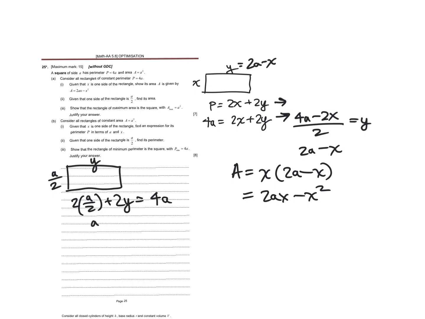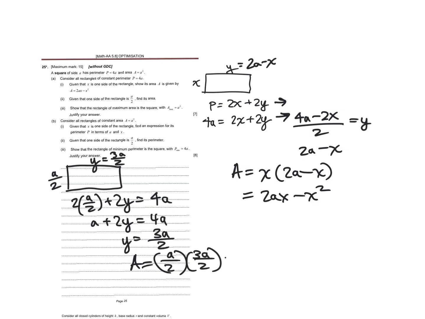So this is a plus 2y equals 4a. So y is going to be (4a minus a) over 2, so 3a over 2. So the area here is a over 2 times 3a over 2, which is 3a squared over 4. Okay.